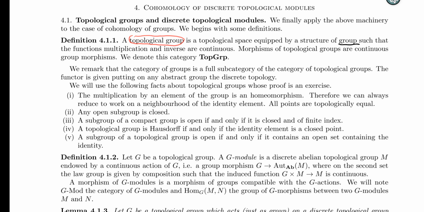We denote this category by this. We remark that the category of groups is a full subcategory of the category of topological groups. The functor is given by putting on any abstract group the discrete topology.